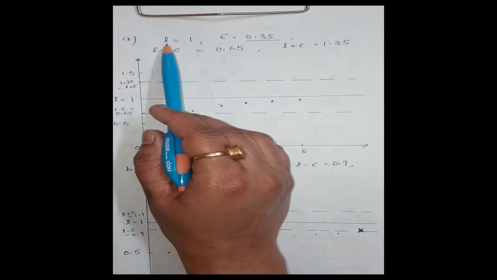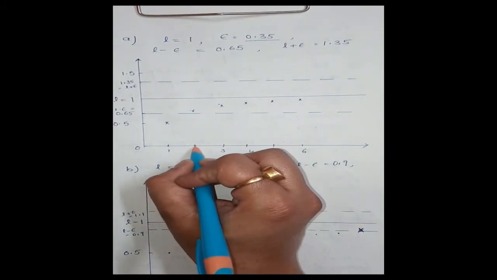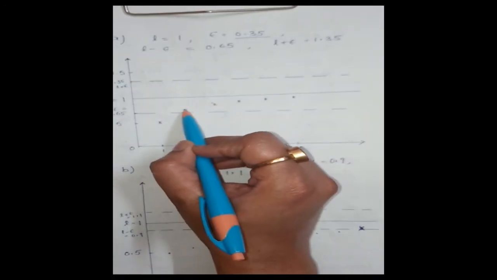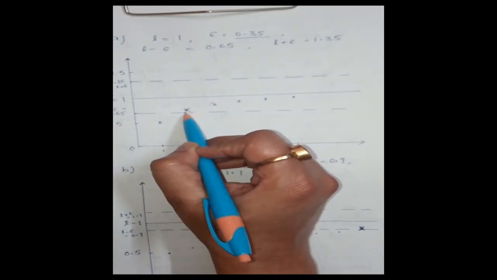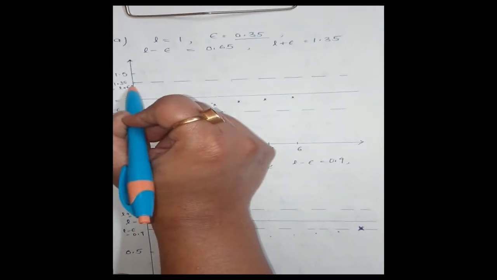Okay, now here we see that when L is 1 and epsilon is 0.35, from the second term onwards all the points lie within L minus epsilon and L plus epsilon.